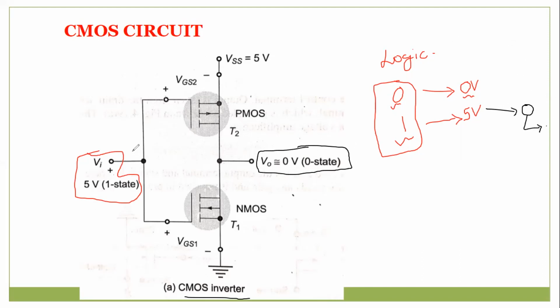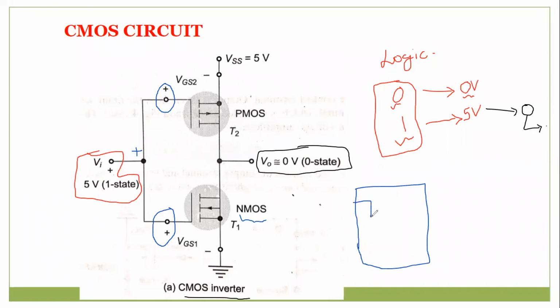The positive supply is connected to this gate terminal, and similarly to the other gate terminal. So when you connect positive to the NMOS, what happens? In the NMOS enhancement type, we have an internal structure like this.